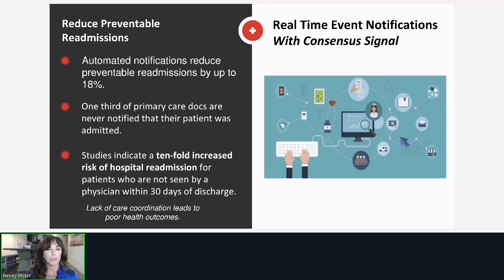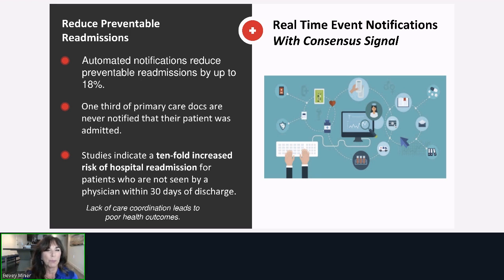It provides that ability for everyone touching the patient throughout the transitions of care, where usually the most errors happen, as well as building that communication chain through the continuity of care.